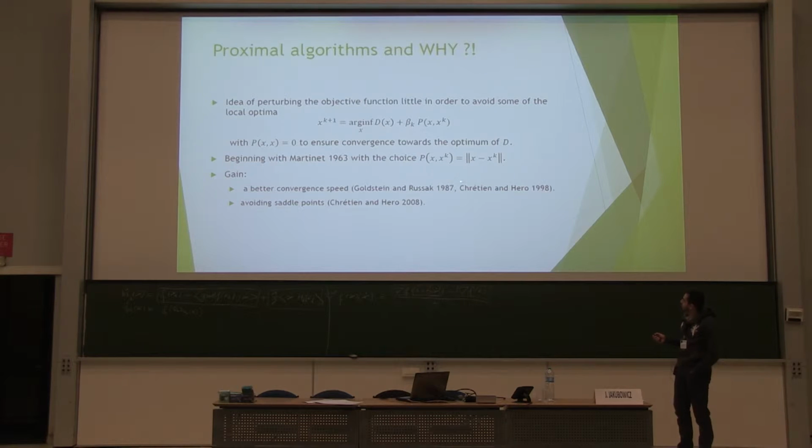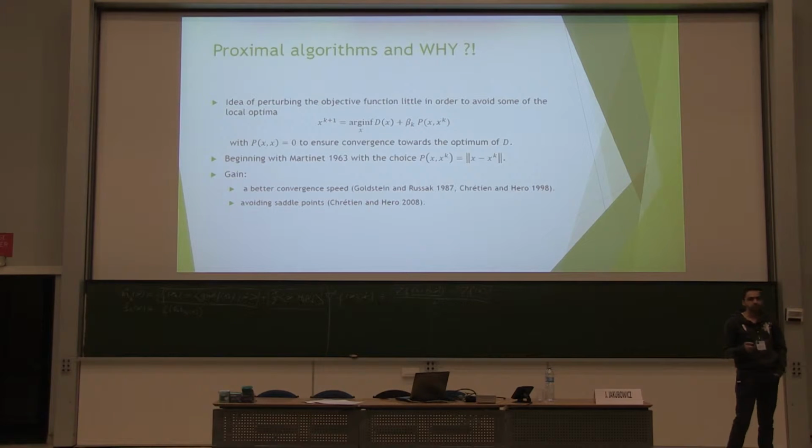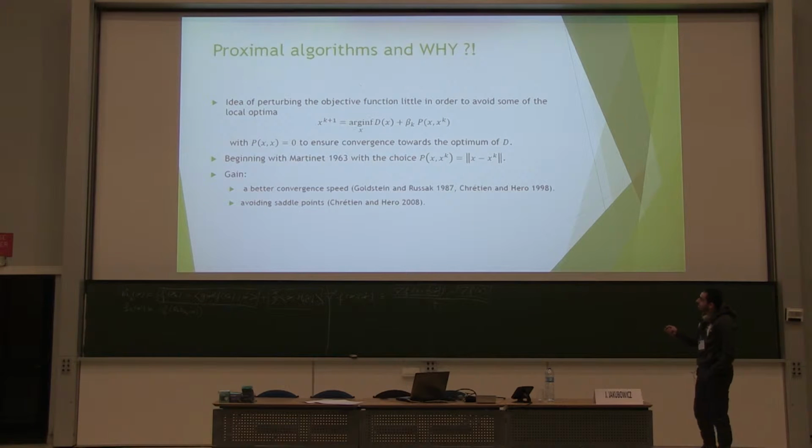There's the work of Chrétien and Hero in 1998, who proposed a variant of the EM algorithm based on proximal point algorithms and got a superlinear speed, a better convergence speed than the EM algorithm. Secondly, proximal point algorithms can help us to avoid some of the saddle points. They do not ensure avoiding all the saddle points. So this is what concerns proximal point algorithms.